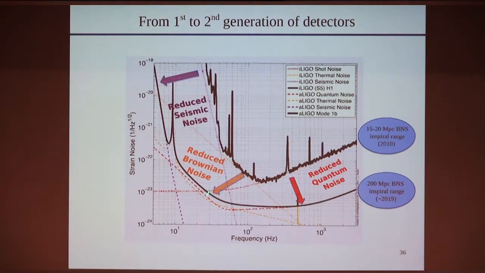You need very low Q material to reduce the thermal noise in that frequency range. And here the sensitivity is limited by the power of the laser. So to reduce the noise at high frequency, in the kilohertz region, you need to increase the power of your laser.